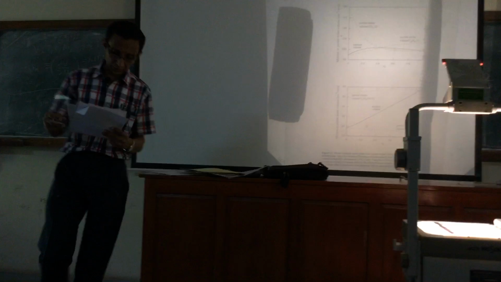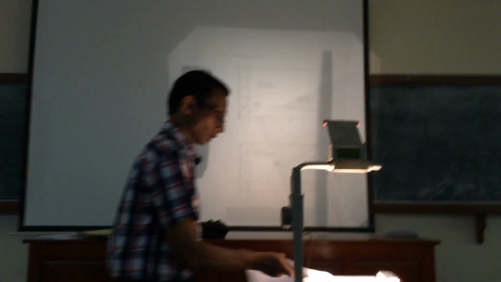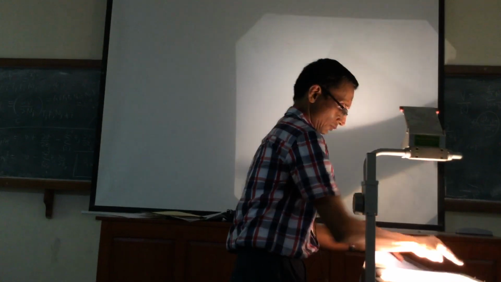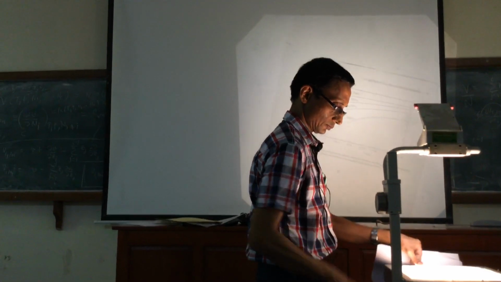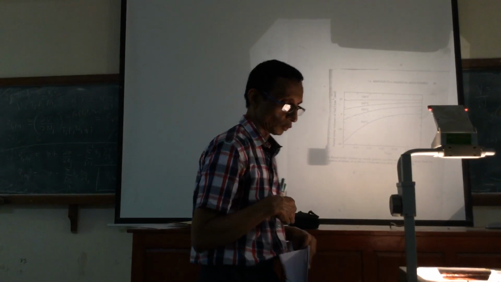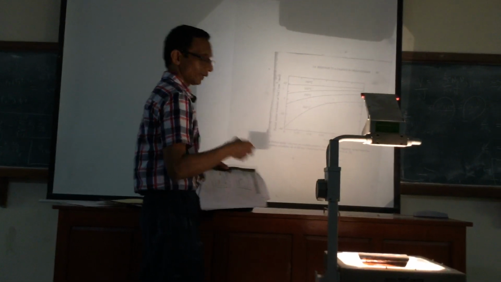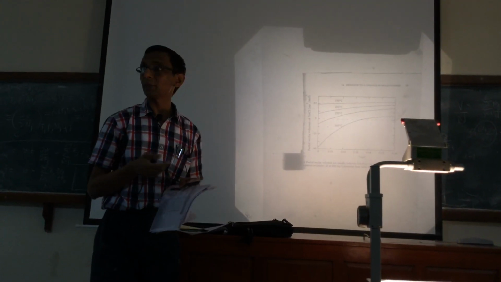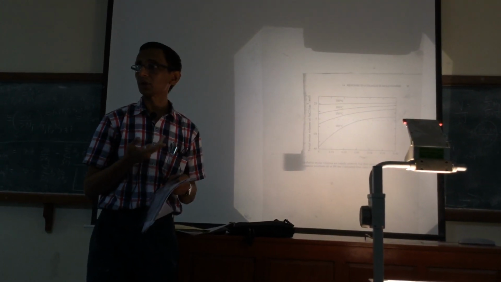Now the third figure is somewhat unusual, and that one is showing even a negative value for the partial molar quantity. This is sodium chloride solution. You can see at a higher temperature, the partial molar volume itself is becoming negative, somewhat unusual.